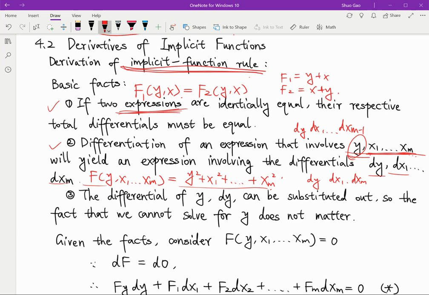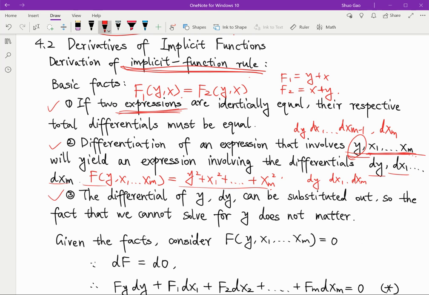Differentiation has to involve all the variables in the expression. So there has to be dxm in the differential form of the expression. That means that for all the variables contained in the expression, in the differential form there has to be the differential of all the same variables. You cannot miss some of them.